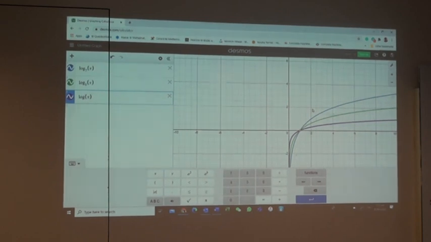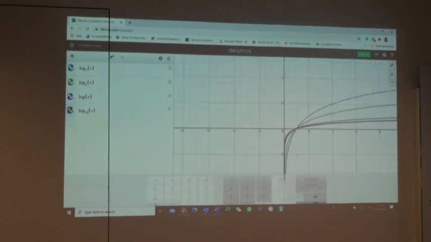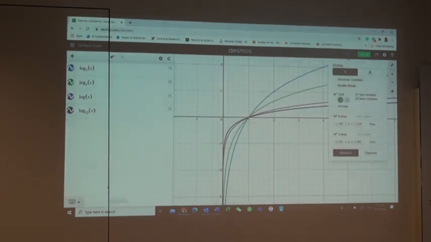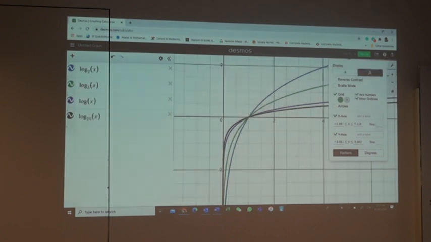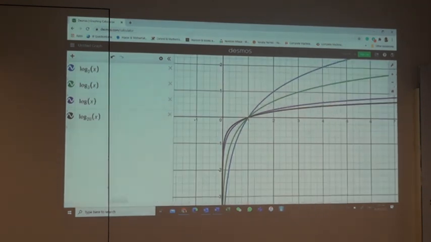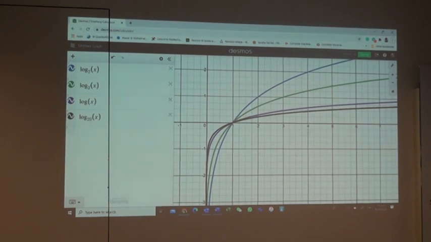That's just log x. This is what you got, right?